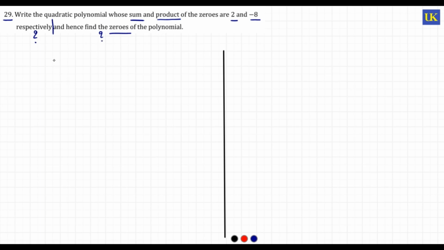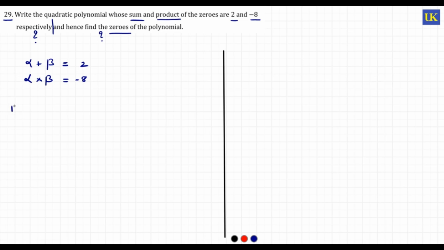So we'll begin. They have given the sum and product of the polynomial. So we will write the sum. The sum of the zeros means alpha plus beta. So it is how much? 2. And the product, they are saying, is alpha into beta. Alpha into beta is how much? The product is minus 8. Yes. Now, write the quadratic polynomial.